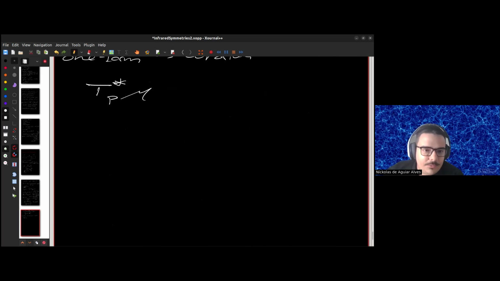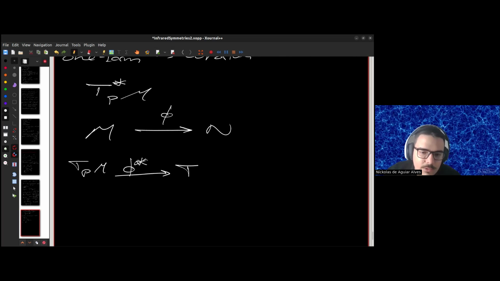Just as a curious remark here, I should mention that this push-forward map can also be understood as the derivative, or the differential, of the map between the manifolds. So if we have this map phi between M and N, phi star, which is going to be a map from T_P M to T_phi(P) N, can be understood as the derivative. And the reason is the notion of derivative in many dimensions.